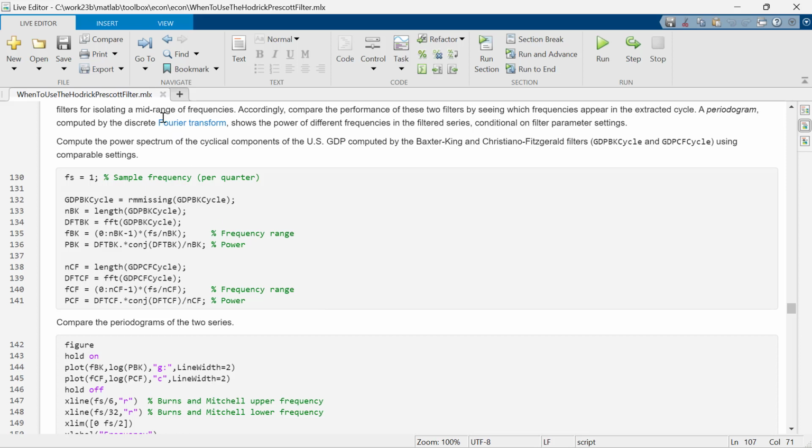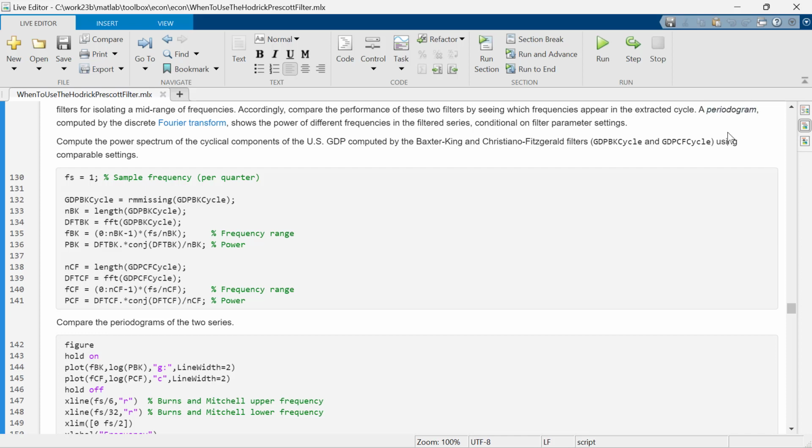So what we're going to do is calculate the Fourier transform of the business cycles that are output from each of these filters, and use those to calculate the power spectrum of how much power is in the data at each different frequency, looking just at the cyclical component that comes out, and create something called a periodogram that displays the power in the business cycle at different frequencies.